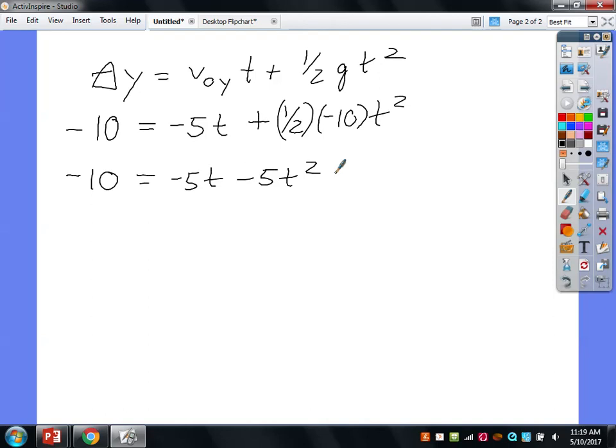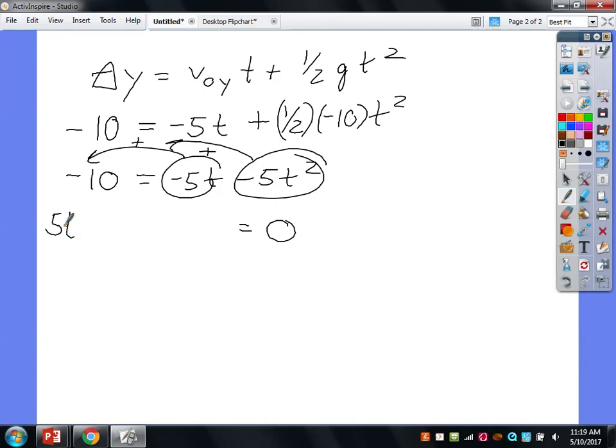So I want to write this out as an official quadratic equation. When I write an official quadratic equation, I have it equal to 0. So I'm going to move both of these things to the other side. How do I do that? I add them to the other side. So I'm left with 5t squared plus 5t minus 10 equals 0. Now some people will go, well, I'll start trying to factor. Don't waste your time. Just plug it straight into the quadratic equation.